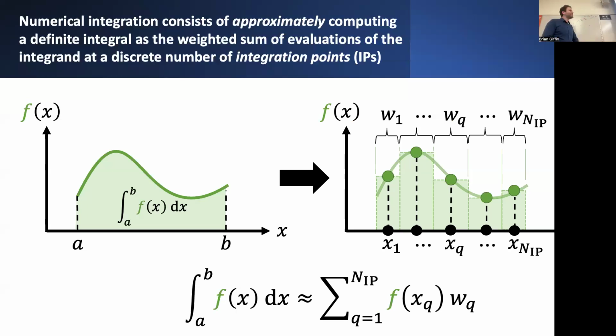And the answer is numerical integration, which is really just a way of approximating the computation of definite integrals by instead treating these integrals kind of like a discrete summation of values of some function chosen at a number of discrete locations along the interval of integration.